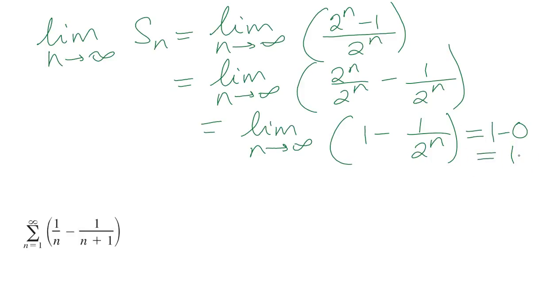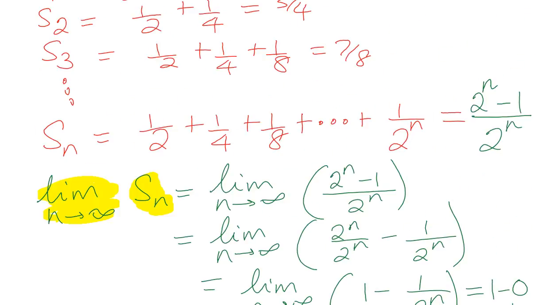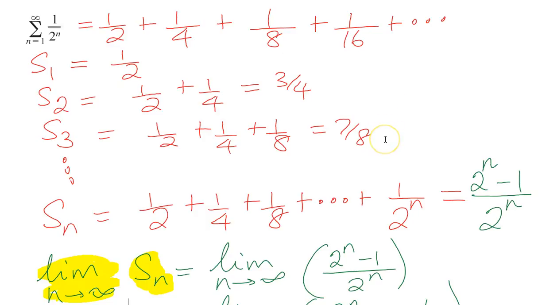Okay guys, so what we have done here is we have taken the limit as n goes to infinity of the nth partial sum. Now the nth partial sum was not given in the question. We established it by listing the first 3 partial sums and observing a pattern.